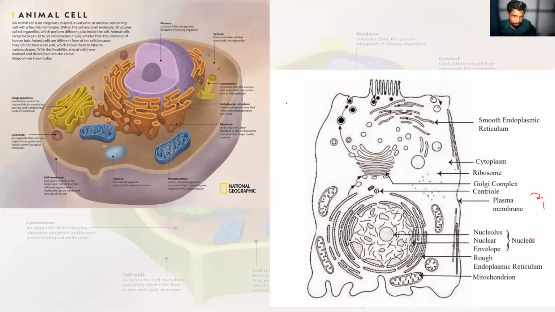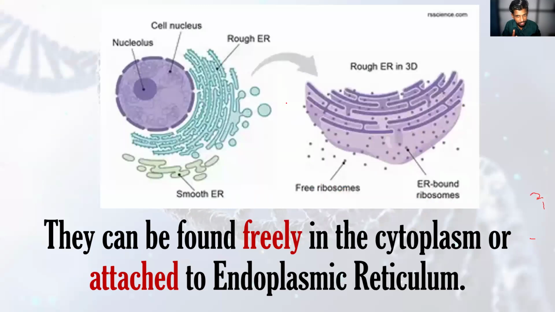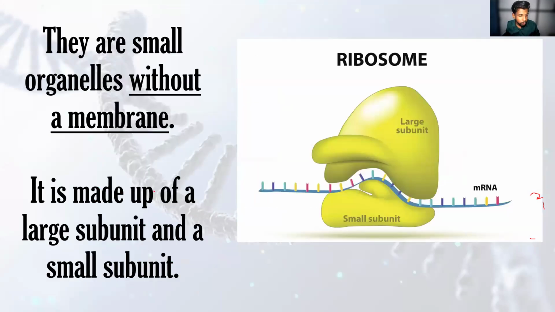Ribosome is one of the main organelles that can be found in the plant cell and also in the animal cell. Ribosome is responsible for producing the protein. Another important thing to know regarding the ribosome is that it is not covered with a membrane.